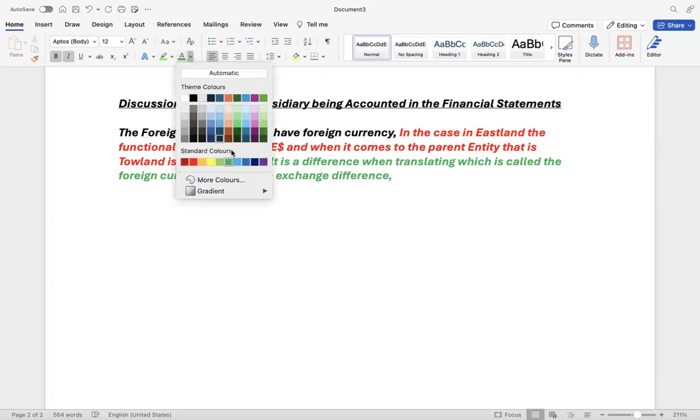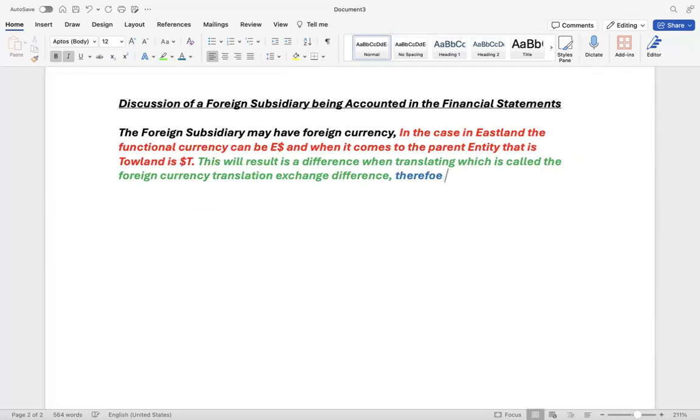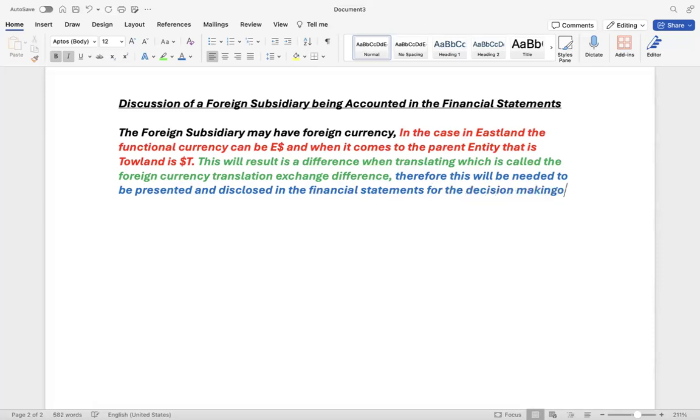So students, I'll just continue this. Therefore, this will need to be presented and disclosed in the financial statements for the decision making of investors and lenders. Investors and what, students? Lenders.